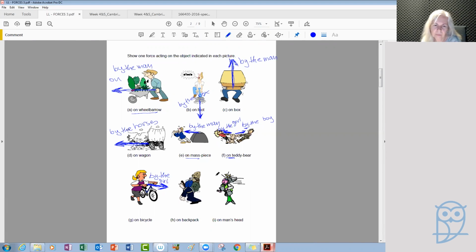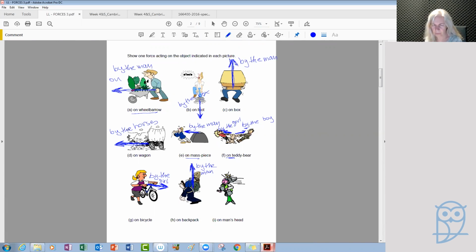And okay, what is this now? This backpack. The force acting on the backpack is upwards, exerted by the man on the backpack. And here, what do we have on the man's head?